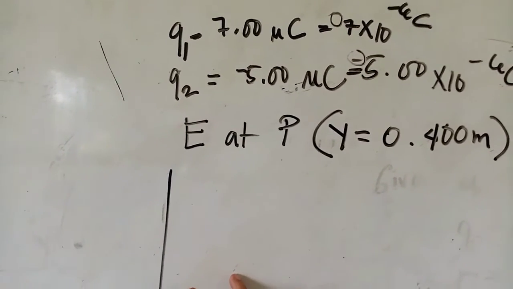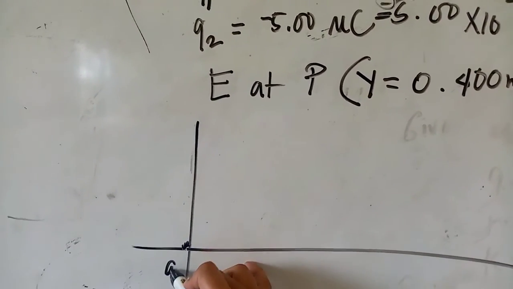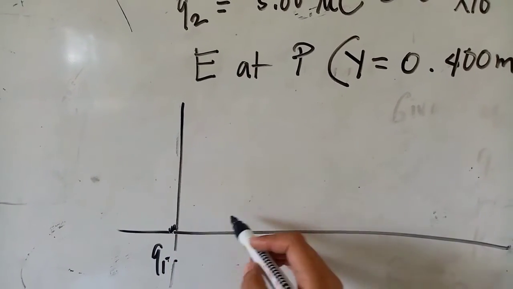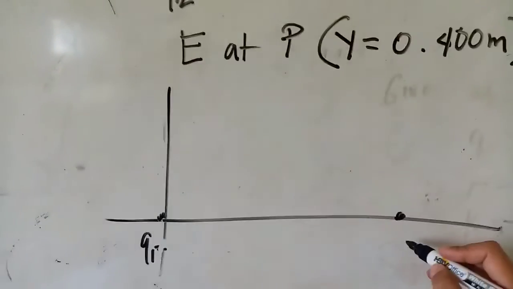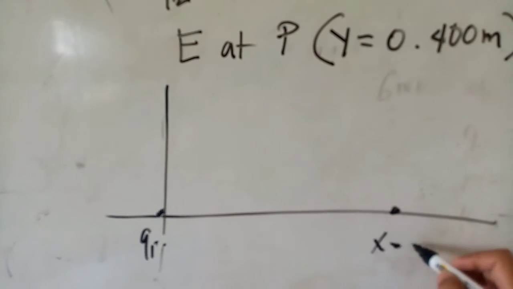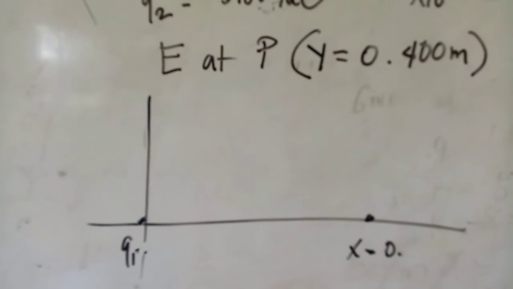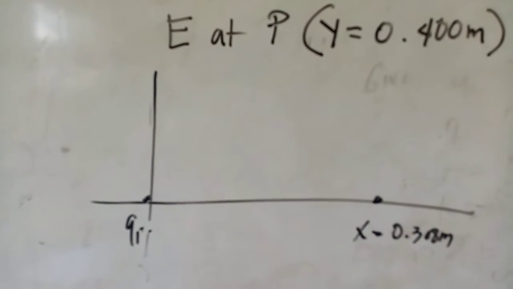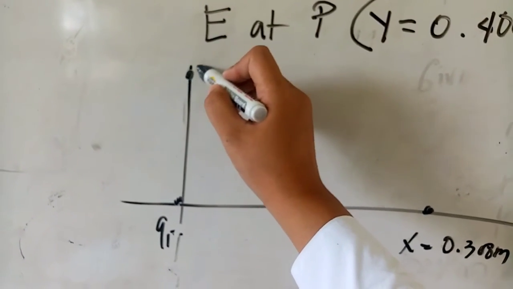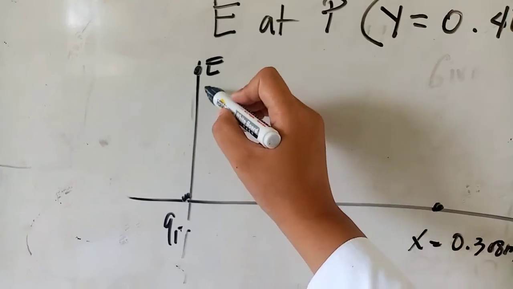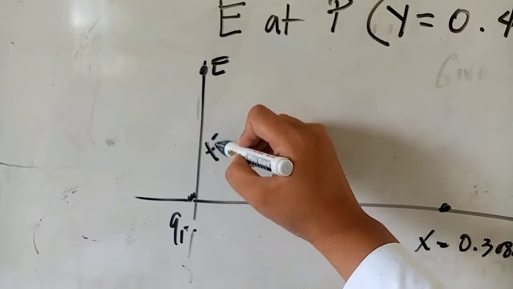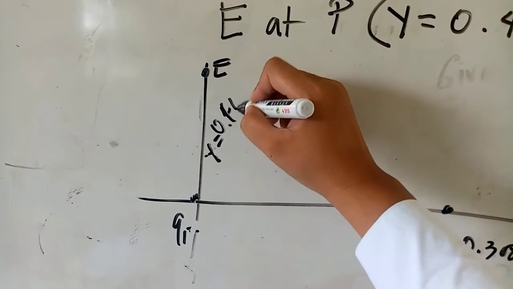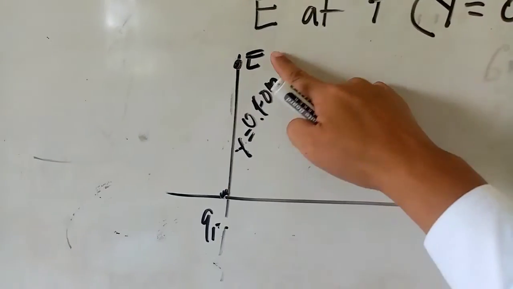We know that charge 1 is actually found at the origin, and our charge 2 is found on the x-axis, that is equal to 0.300 meters, and our point P is found in y, that is equal to 0.400 meters.